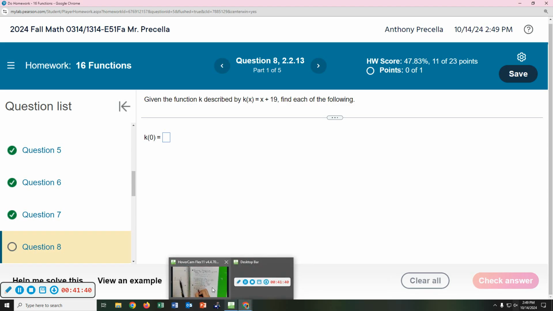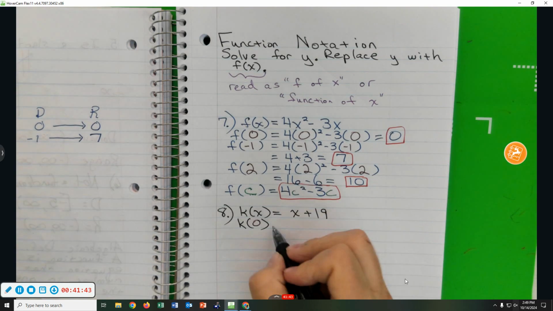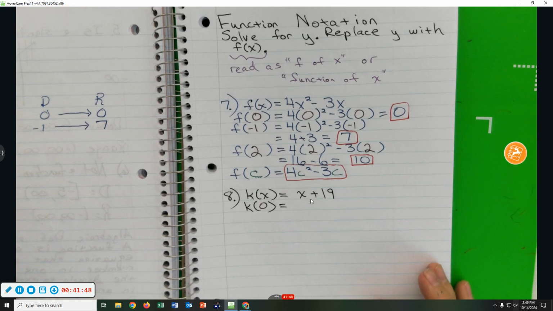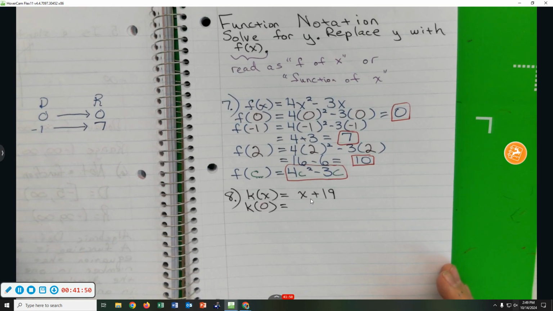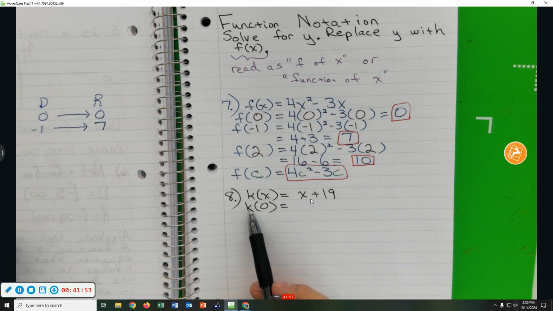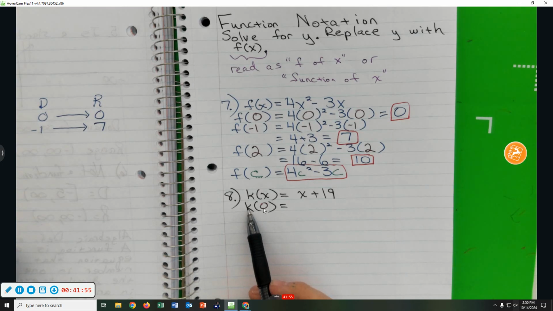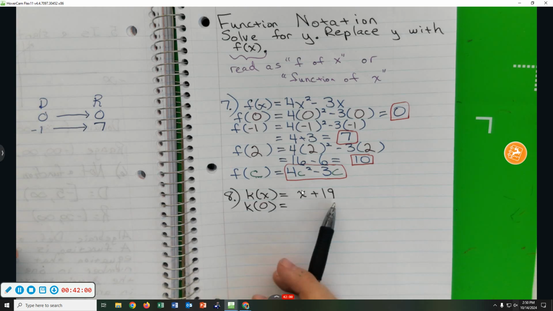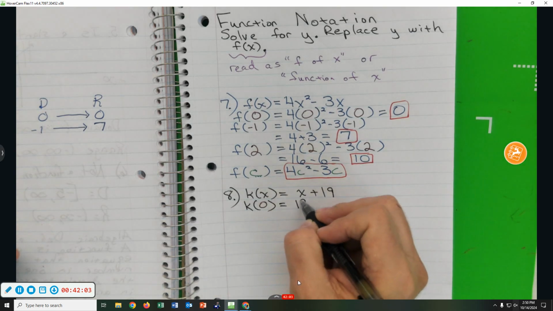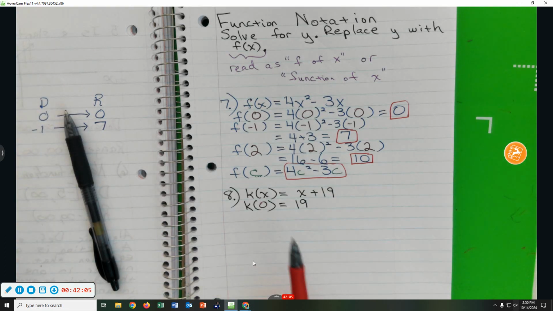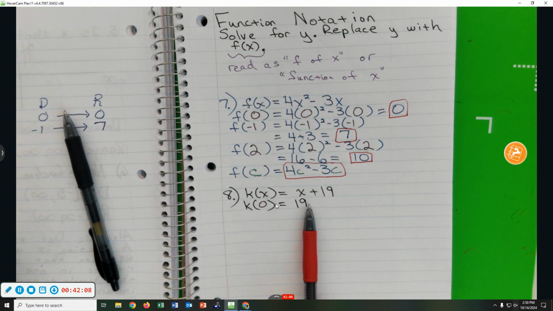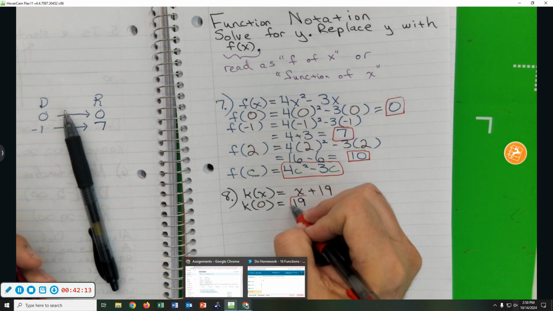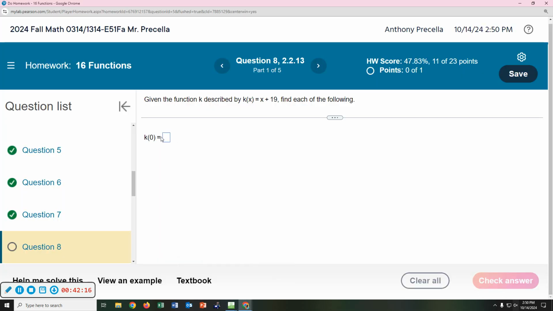This notation says go to the function k, and wherever you see a variable, replace it with 0. It's one of those problems you might be able to do just in your head. 0 plus 19 is going to give me 19. So we just generated an ordered pair, 0, 19. 0 is assigned to 19 using this new function.